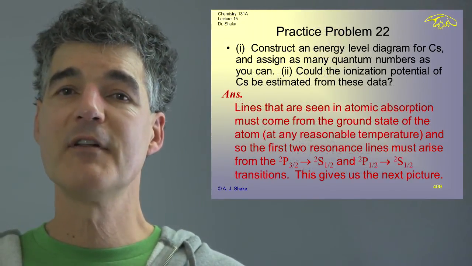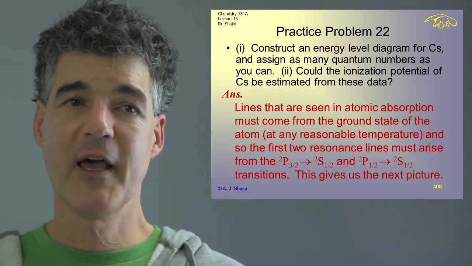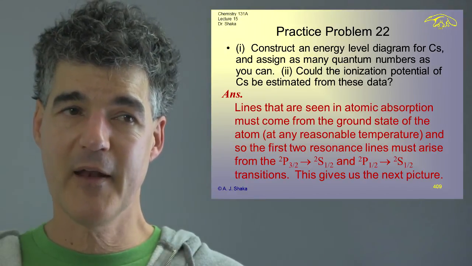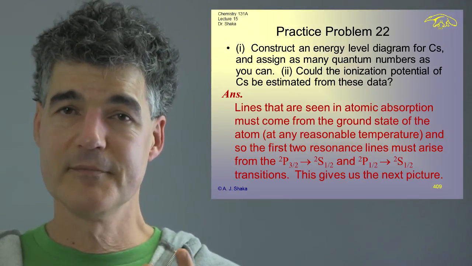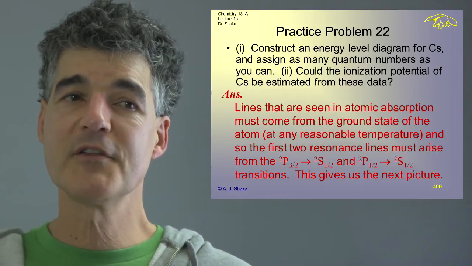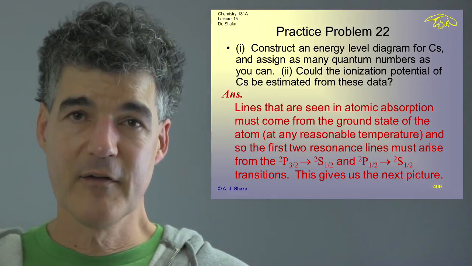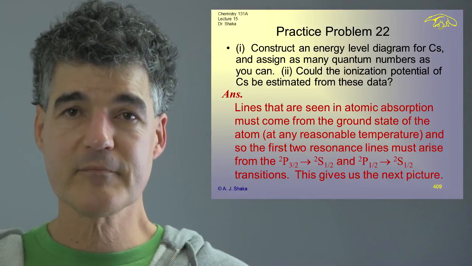Construct an energy level diagram for the cesium atom and assign as many quantum numbers as you can. 2. Could the ionization potential of cesium be estimated from these data?